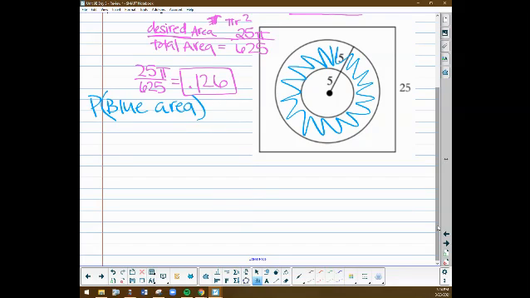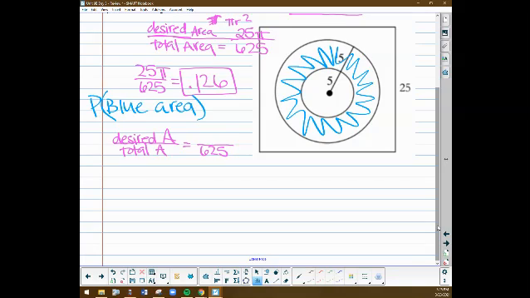So our total area is the same. It's still 625 because it has to land somewhere on the dartboard. That's what we're assuming. We're not assuming that you miss and hit the wall, right?